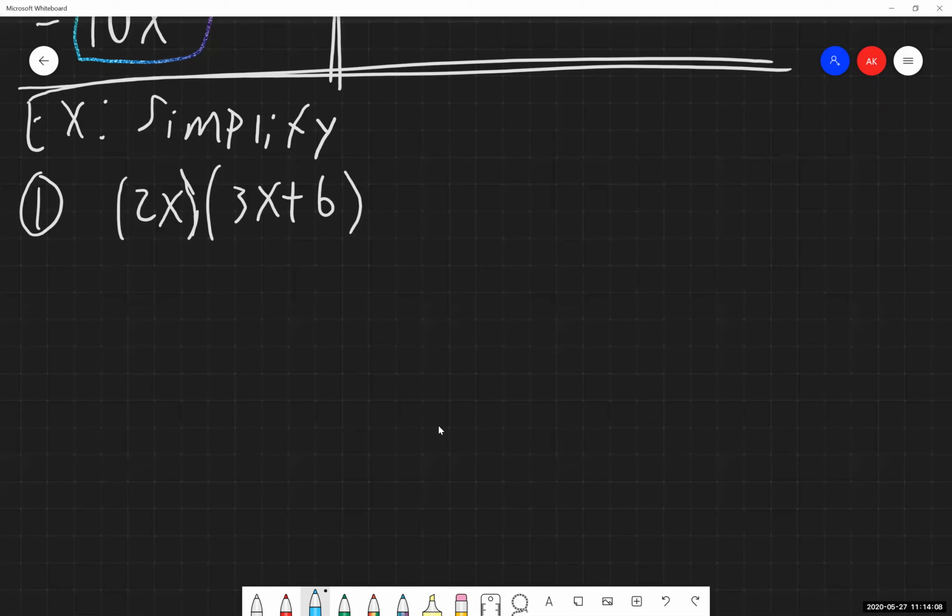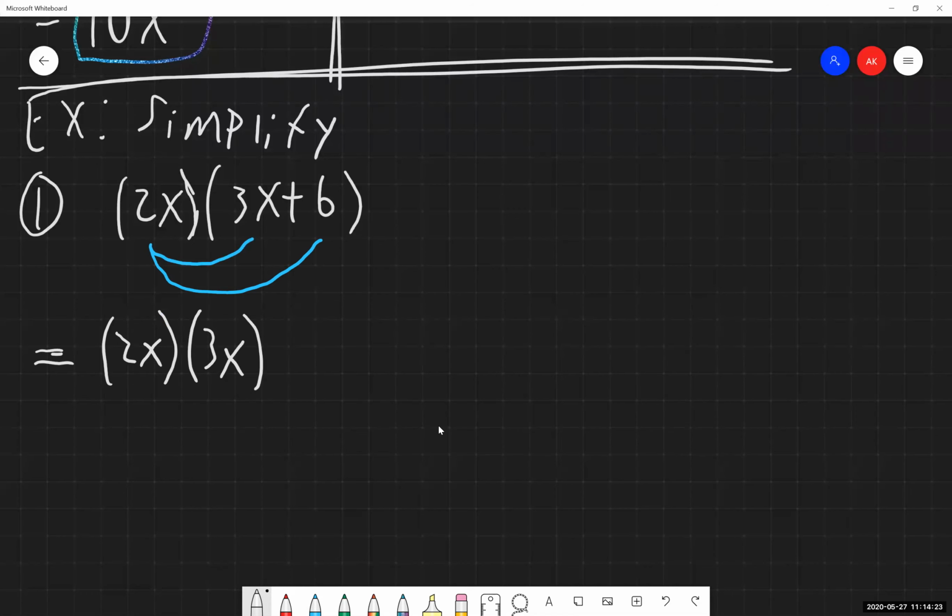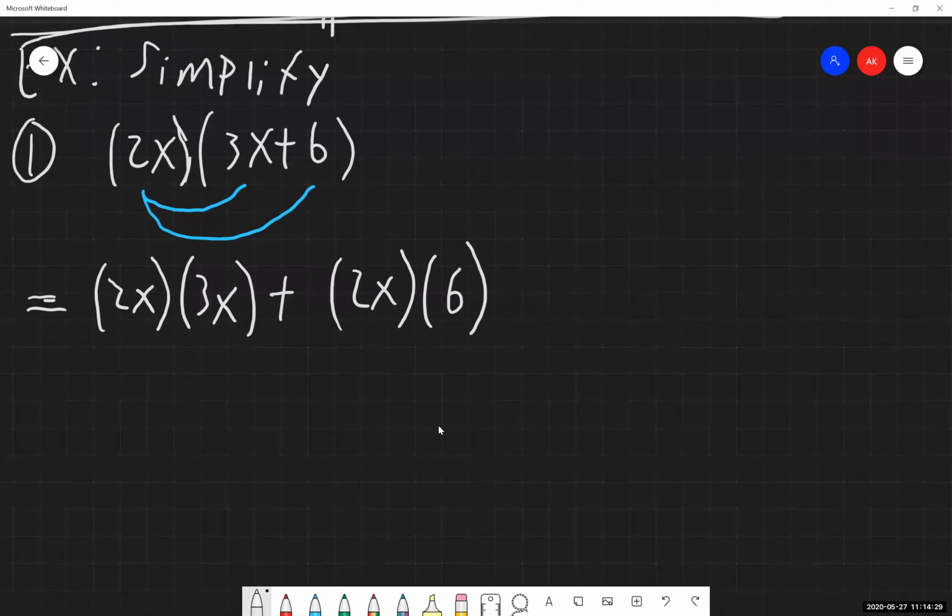So I'm distributing this 2x through to every term we have inside here. Now again, I'm going to show all of the details with this, at least in our first example. And you might be someone who's saying, well, I can see how these things distribute and what the result is going to be all in my head. And if you're in that boat, good for you. But I'm not requiring you guys to all be able to do that right now.